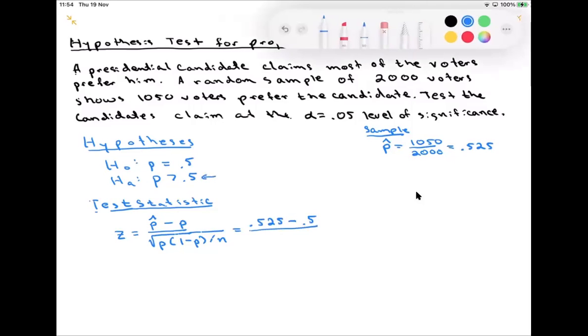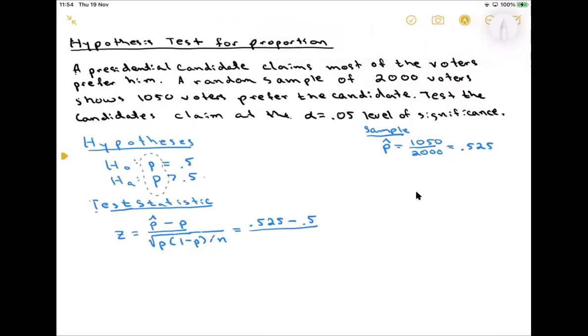Without the hat, p is coming from the population, and with the hat it's coming from the sample. So I follow the notation, I plug it in, I put the 0.5, 1 minus 0.5 over the square root of n, where n is the sample size of 2,000.